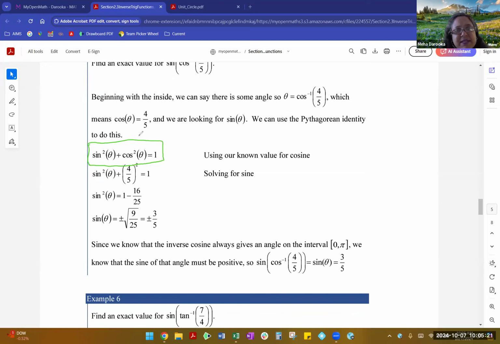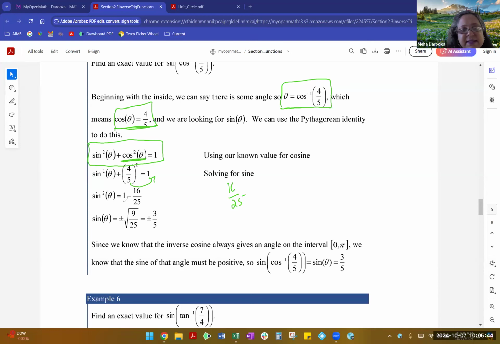In this case, since we rewrite cosine inverse of 4/5 as cosine theta equals 4/5, you can use that to substitute for the cosine function in this identity. So you replace cosine squared with 4/5 squared. Simplify that, which comes out to 16/25.